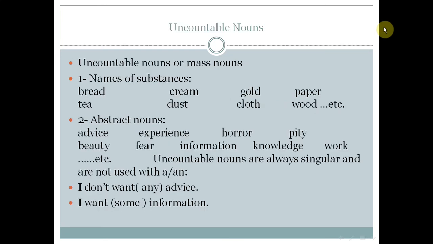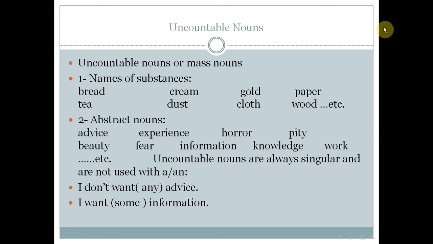Uncountable nouns, or mass nouns. Number 1, names of substances are uncountable nouns like bread, tea, cream, dust, gold, cloth, paper, wood, water, oil, sand, soil, sugar, flour.